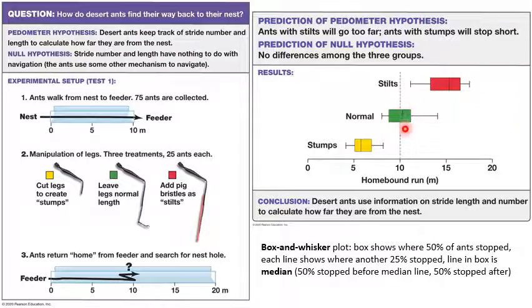At this line here, the edge of the box, you would know that 25% of ants stopped after that line and 75% stopped before it. At the other edge of the box, you would know that 25% of ants stopped before this line and 75% stopped after it. And then these whiskers are showing kind of the outliers. So, the ant that went furthest went this far, and the ant that went least far went this far.